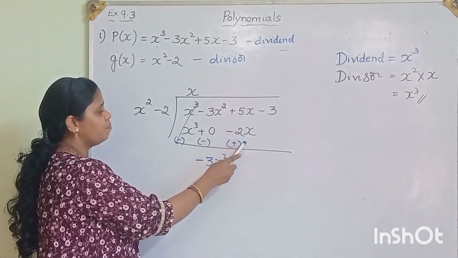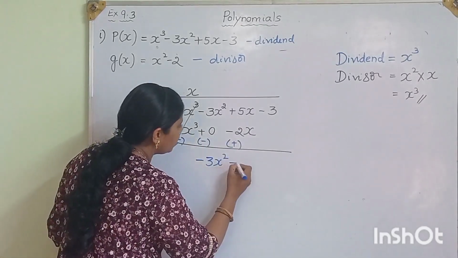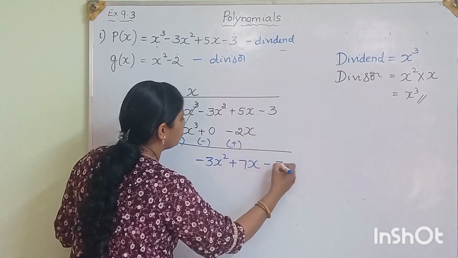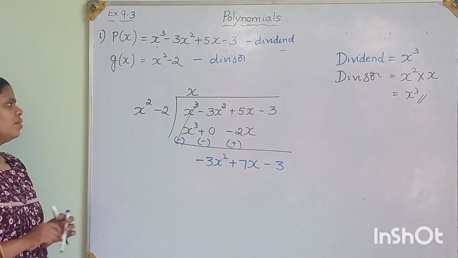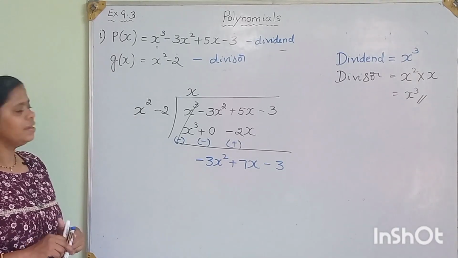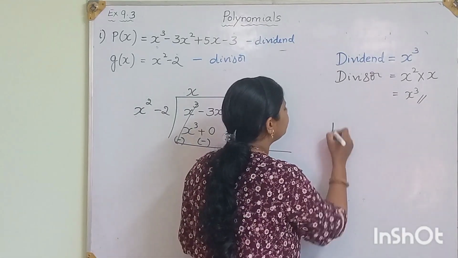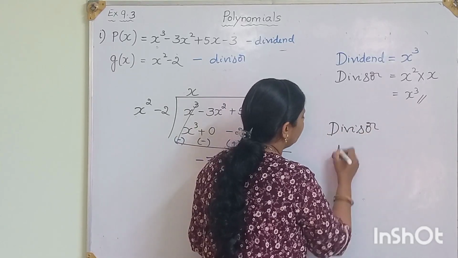Plus 5x plus 2x is plus 7x. 7x minus 3. Now again, we have to check the first term of the divisor and dividend.